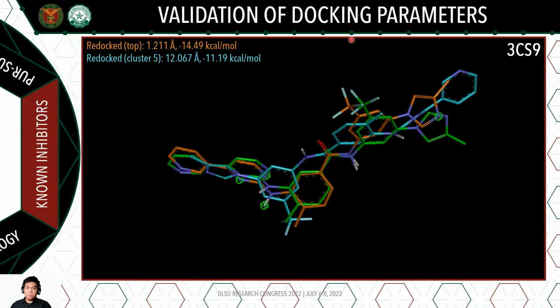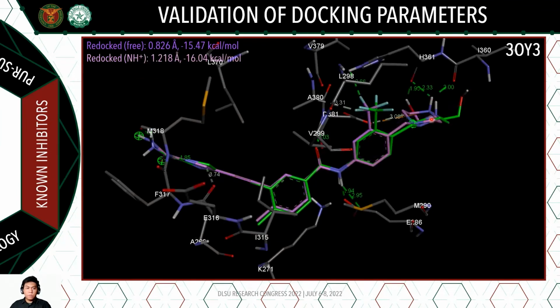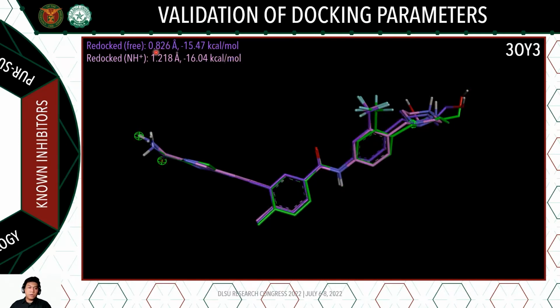Nevertheless, using the parameters, as I've said earlier, the top conformer is similar to the original pose. For the 3OY3 model, we used two forms of the native ligand, one free base and one protonated. Both of them exhibited RMSDs of less than 2 angstroms in the 3OY3 model. So the parameters are valid for both models.